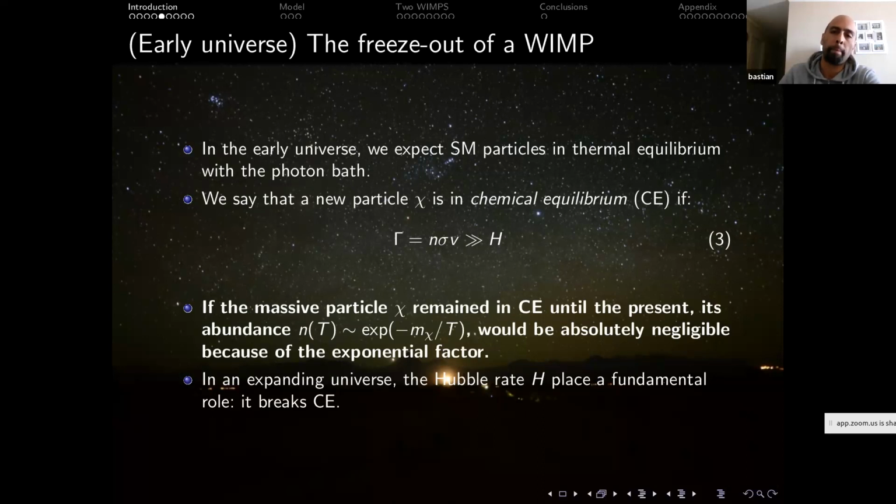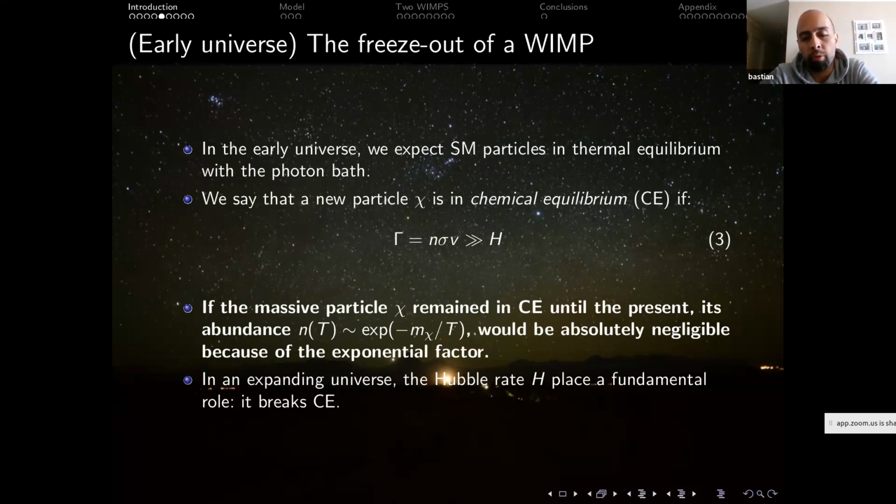So the picture is that in the early universe, we expect the standard model particles that you all know in thermal equilibrium with the photon bath.